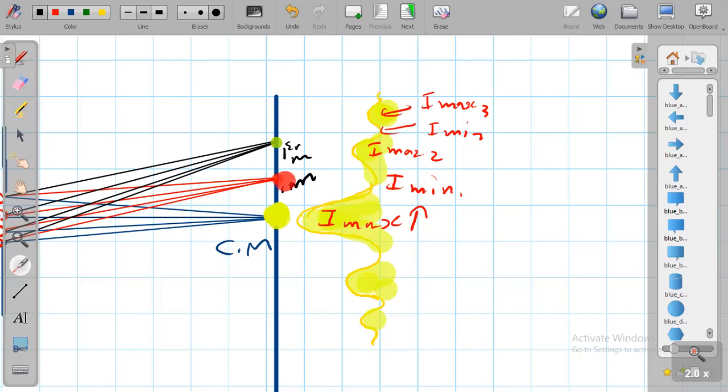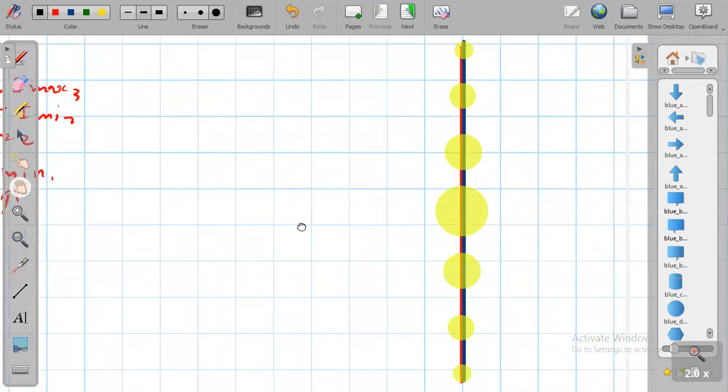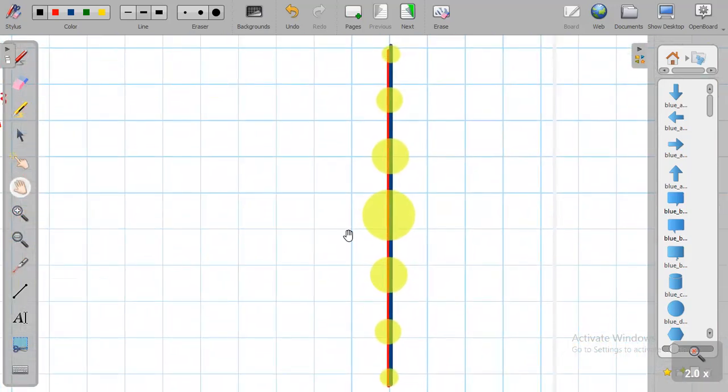See the first one, first order minimum, very dark because waves destructively interfere. Next one, constructively interfere. Again constructive, destructive, constructive, destructive, constructive. The pattern: I max, I minimum, I max 2, I minimum 2, I max 3. Like that, you can represent this data. You will get this type of pattern, all thanks to Huygens principle and the interference.